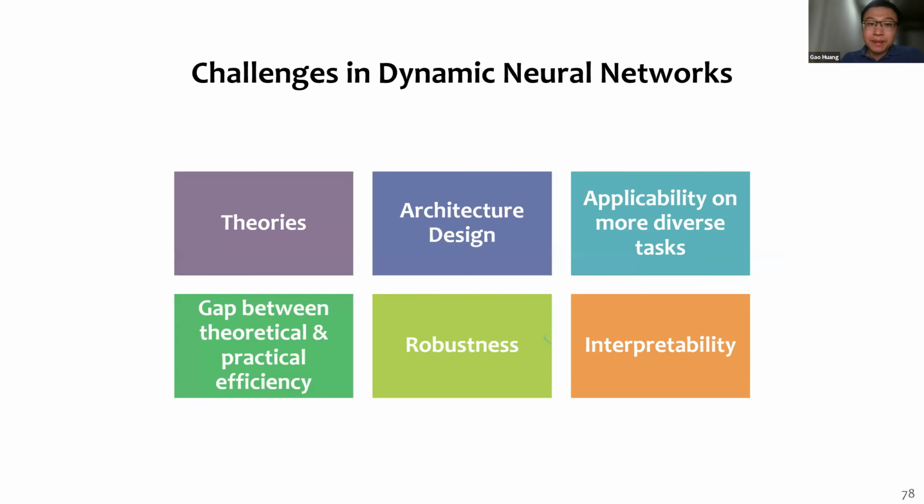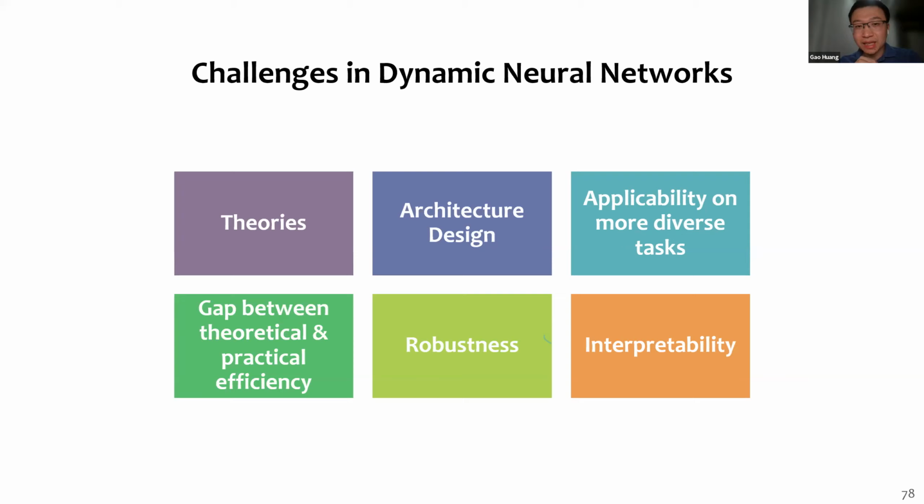And of course, there are many challenges in this field. For example, there are relatively few theory papers on this topic, and there are many theoretical problems that are unaddressed for dynamic neural networks. And the architecture design is still relatively lagging behind static deep learning.